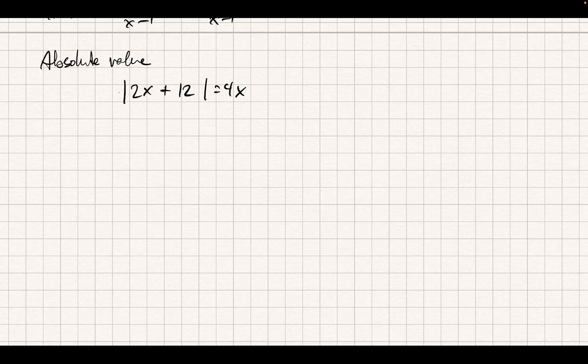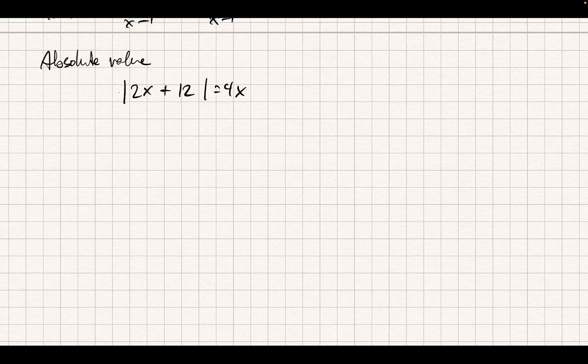What's inside can be negative, but it will be viewed as the positive version of the number. How do I deal with setting it equal to an expression?